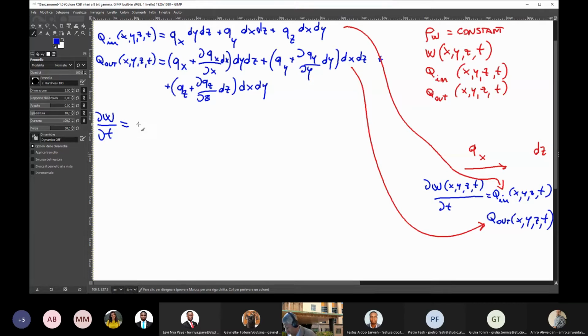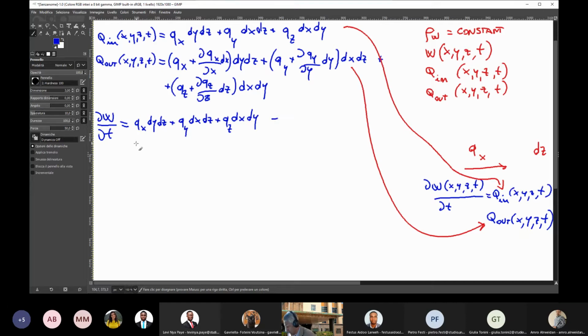So now let me write that the partial derivative of W with respect to time is given by Q in minus Q out. So let me write Qx, I'm just rewriting the y, dz plus qy dx dz plus qz dx dy minus, and then there is q out.